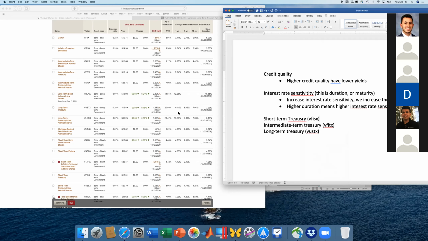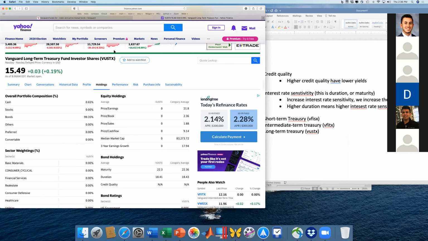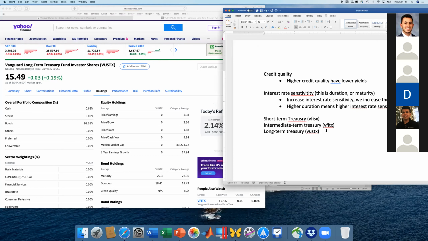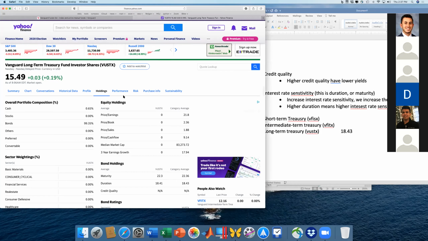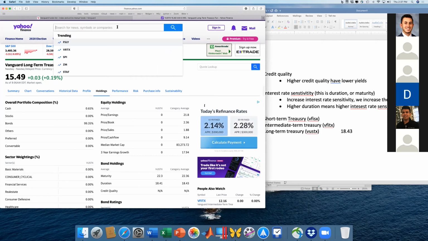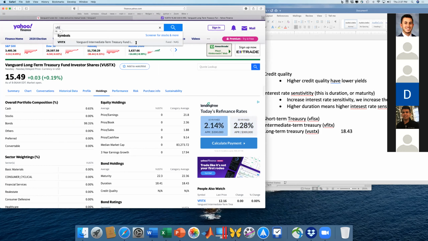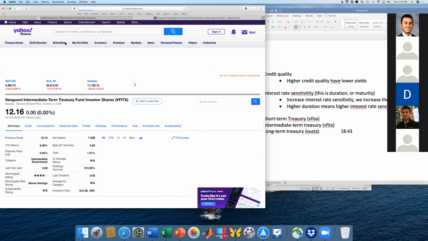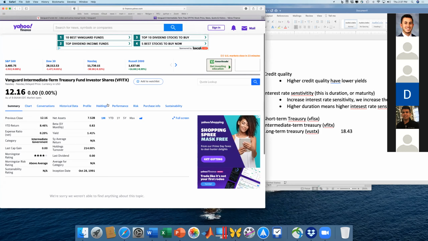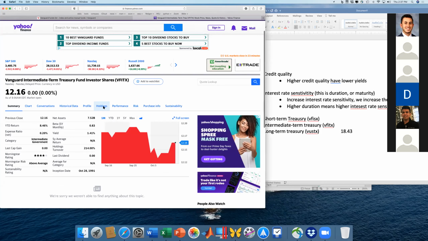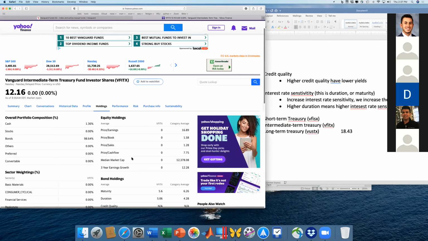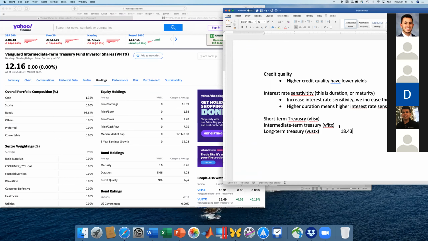All right. If I go to this page, so here, my long-term treasury has a duration of 18.43. Let me show you VFITX. This is the intermediate term. Its holdings have a duration of 5.06, much shorter.